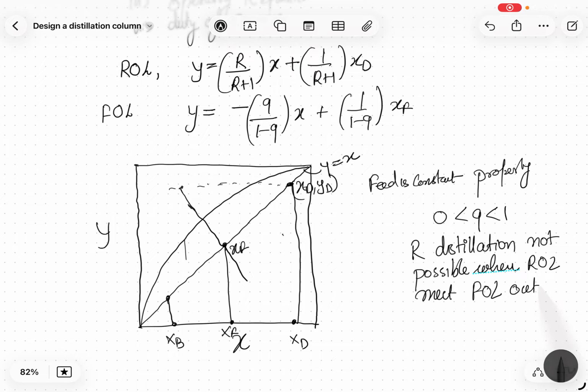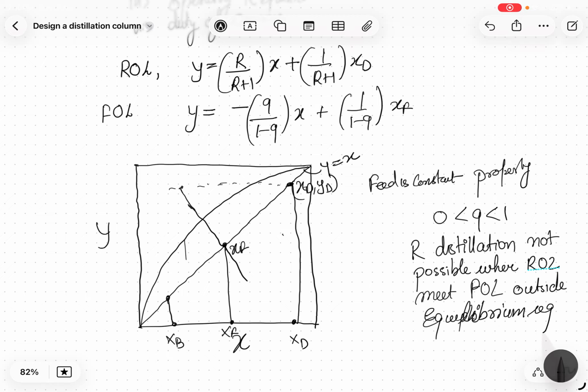The FOL outside the equilibrium region, or above the equilibrium curve. Why is this so? Because after that there is no point you are going to achieve, because of the maximum you can achieve. See what it means.